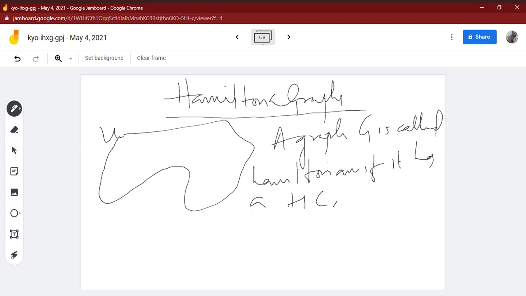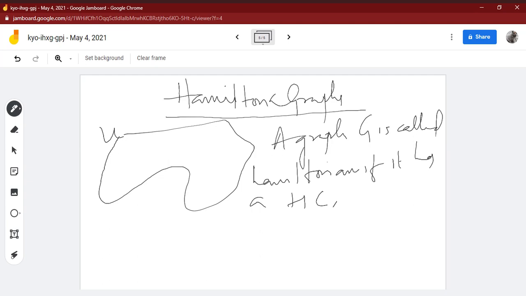If that graph contains a Hamiltonian cycle, then we can say that the graph is Hamiltonian. By simply deleting the last edge of a Hamiltonian cycle, we get a Hamiltonian path. However, a non-Hamiltonian graph may possess a Hamiltonian path. That is, a Hamiltonian path cannot always be used to form Hamiltonian cycles.